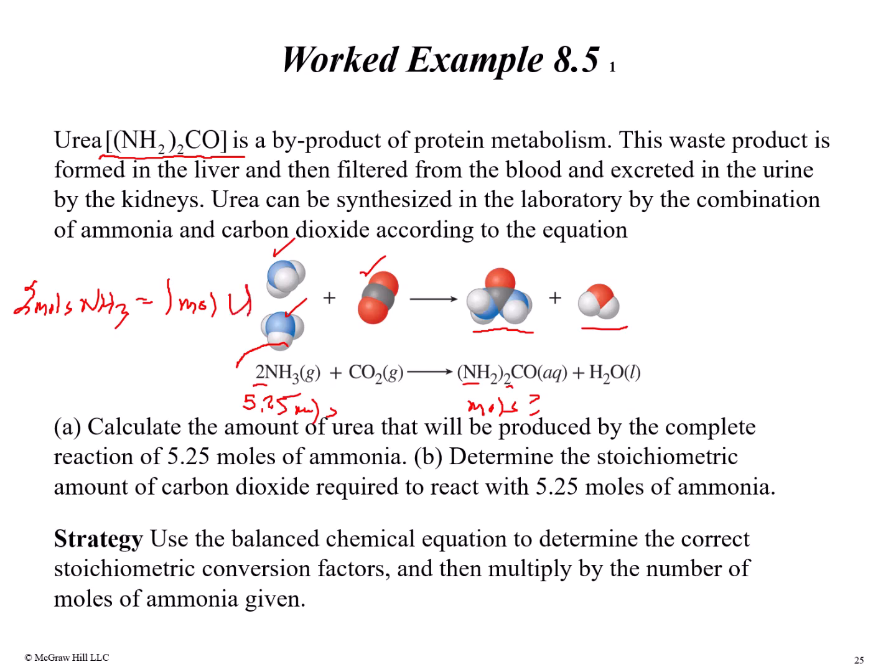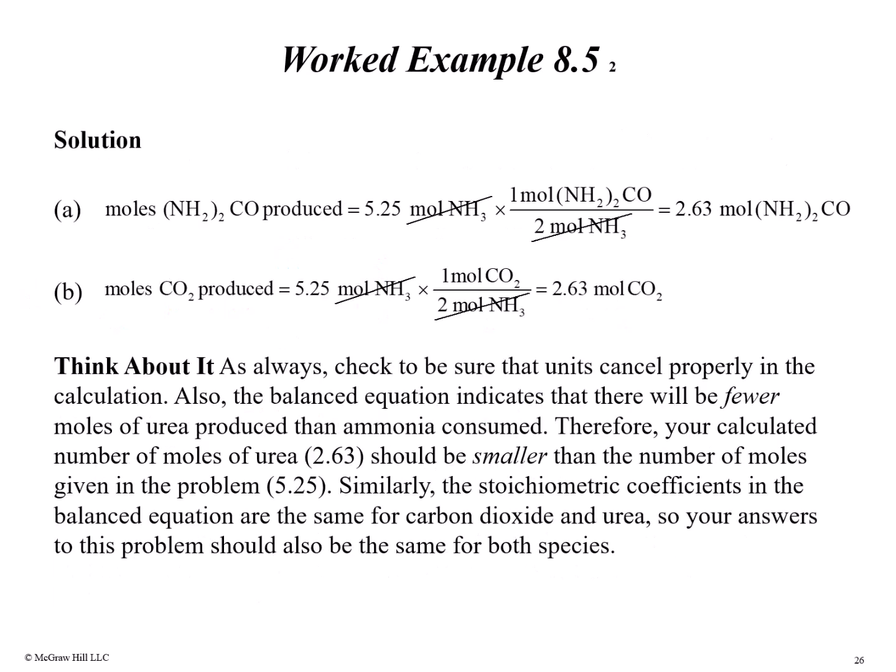So then knowing that equivalent from the balanced chemical equation, I can do a mole-to-mole ratio. So here's how many moles of ammonia I have. For every 2 moles of ammonia, 1 mole of urea is produced. I set this up so that the moles of ammonia cancel out, and I get moles of urea. So 2.63 moles of urea would be formed.